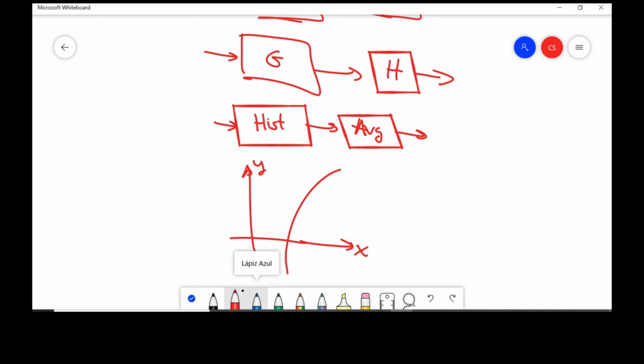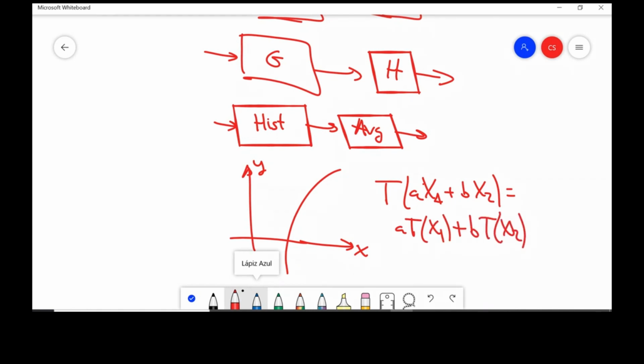Let's say, okay, I'll write the property: a x1 plus b x2 has to be a times the operator of x1 plus b times the operator of x2. These are the two properties you are saying, which can be combined into one.